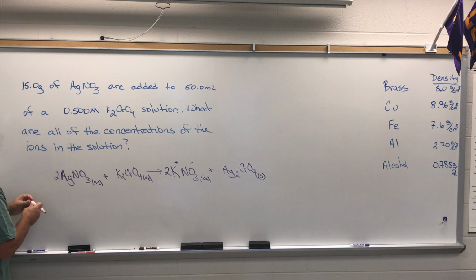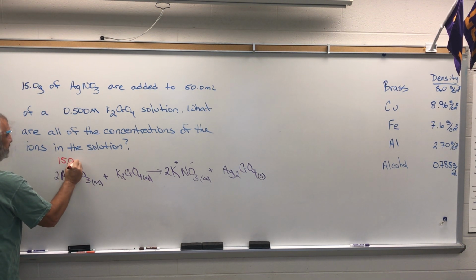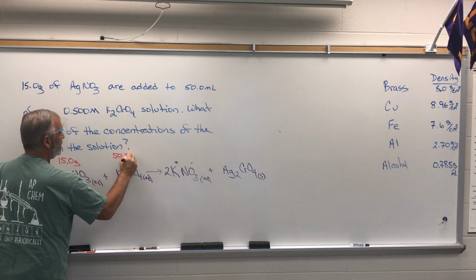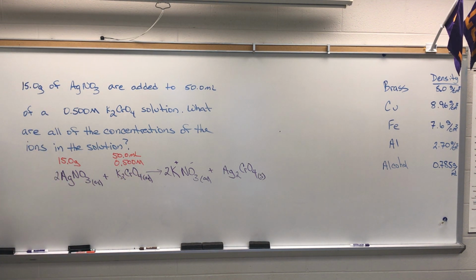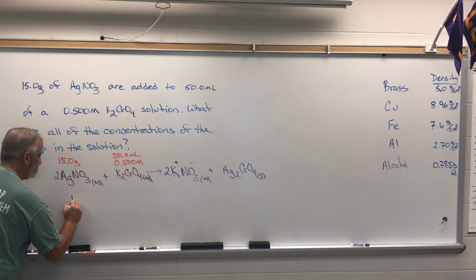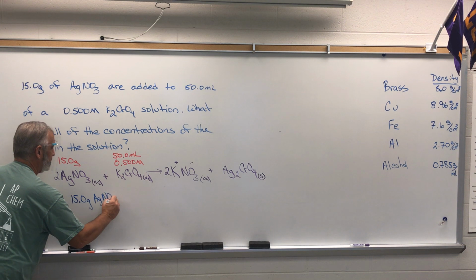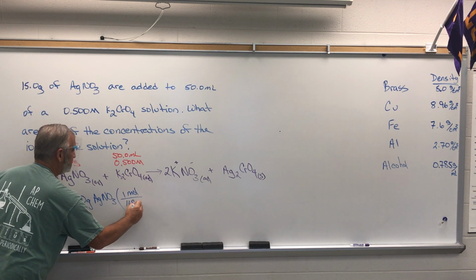Okay, so silver nitrate. I have 15 grams of silver nitrate. I have 50 milliliters of 0.5 molar. So I want to convert that. I'm going to say 15 grams silver nitrate times 1 mole over the molar mass of 169.9 grams.